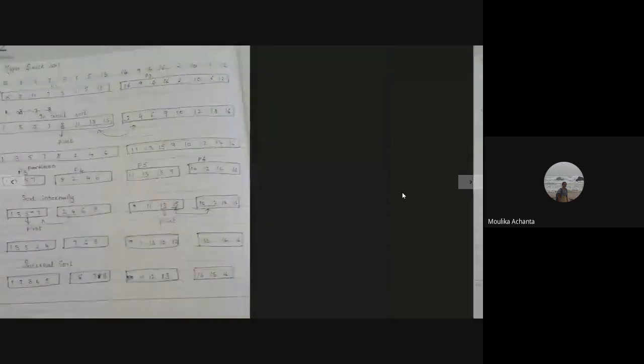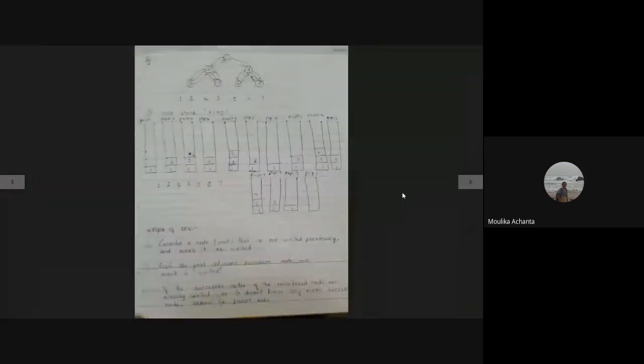This is how divide and conquer is applied here. We are dividing the list into sublists in order to find the solution of a problem. This is divide and conquer. The algorithm for divide and conquer is as follows.